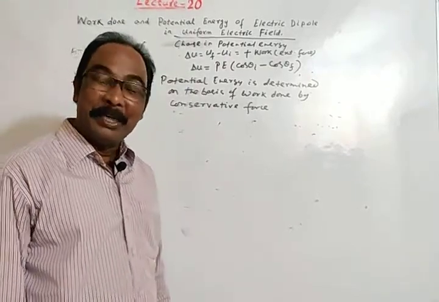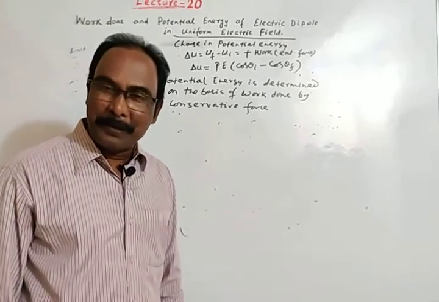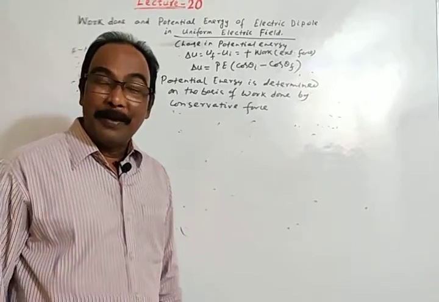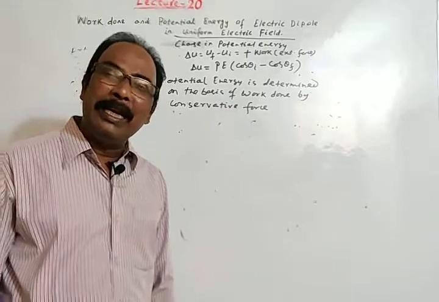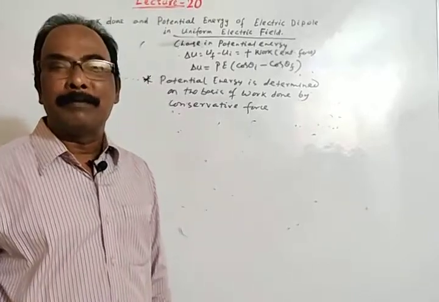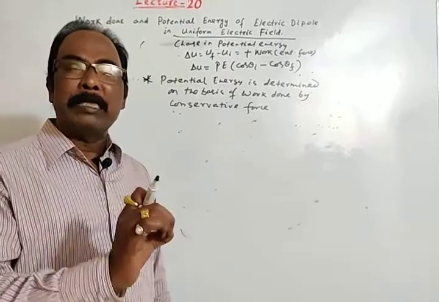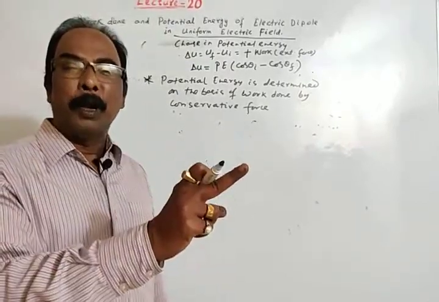non-conservative force. You know the difference between conservative and non-conservative force. The main two basic differences: work done by conservative force is independent of path. Work done by conservative force depends upon initial and final position only.